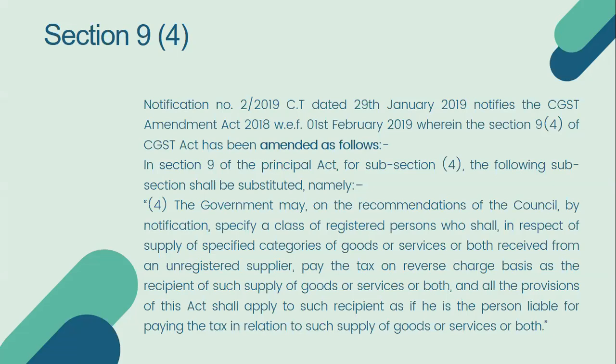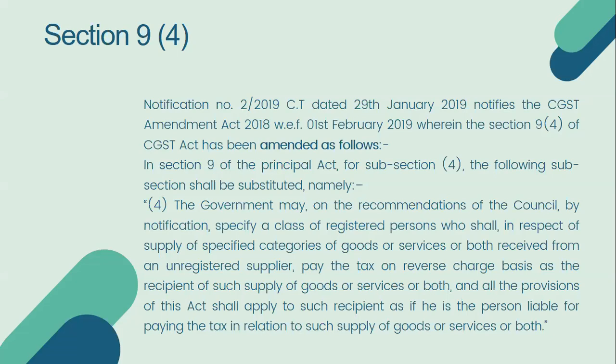In Section 9 of the Principal Act, for subsection 4, the following subsection shall be substituted, namely: the government may, on the recommendations of the Council, by notification, specify a class of registered persons who shall, in respect of supply of specified categories of goods or services or both received from an unregistered supplier, pay the tax on reverse charge basis as the recipient of such supply of goods or services or both, and all the provisions of this Act shall apply to such recipient as if he is the person liable for paying the tax in relation to such supply of goods or services or both.